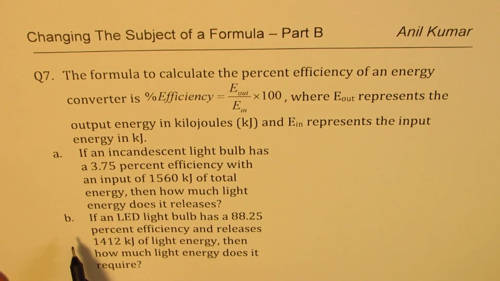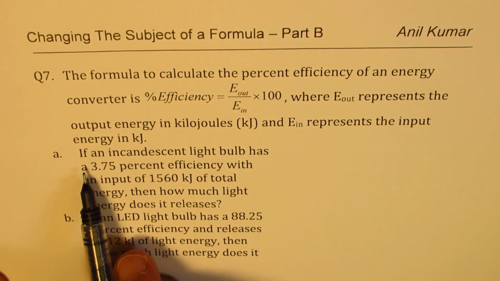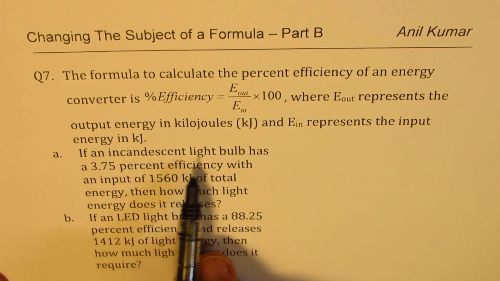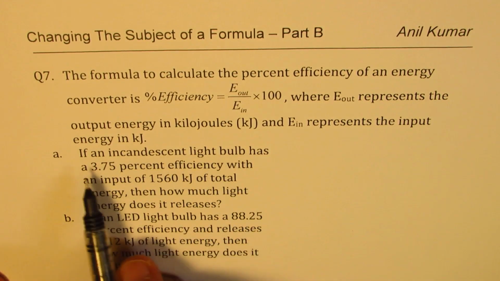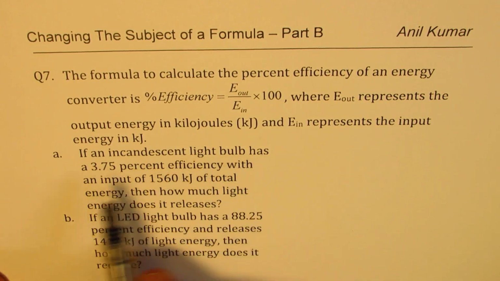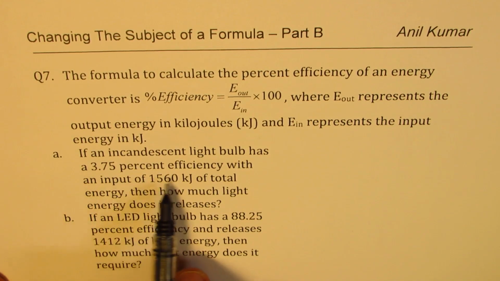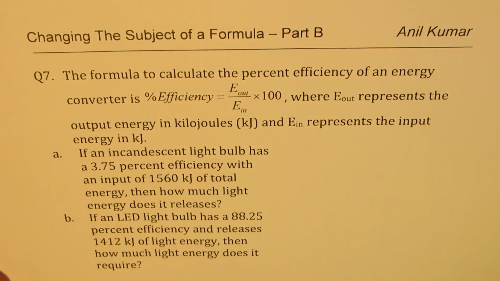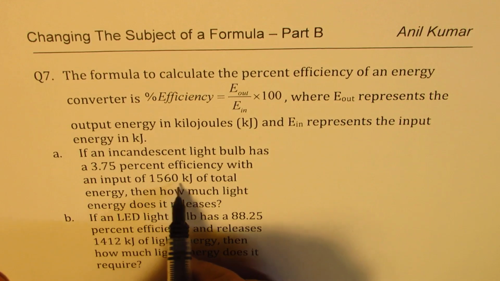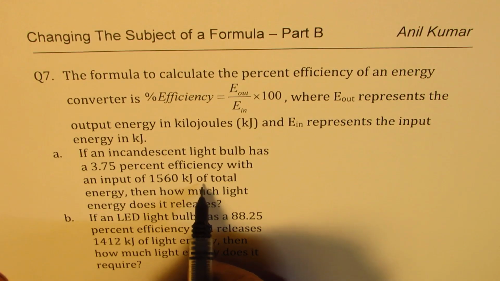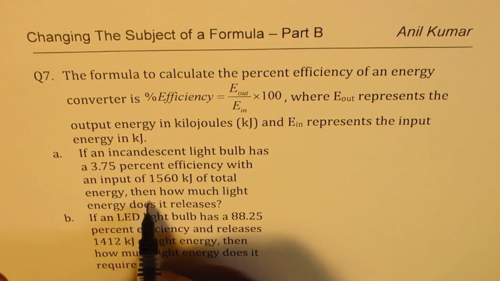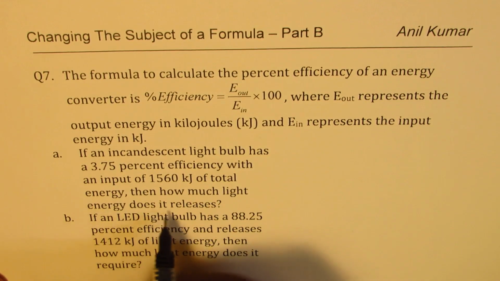There are two questions related to this. Part A. If an incandescent light bulb has a 3.75% efficiency with an input of 1560 kilojoules of energy, then how much light energy does it release?